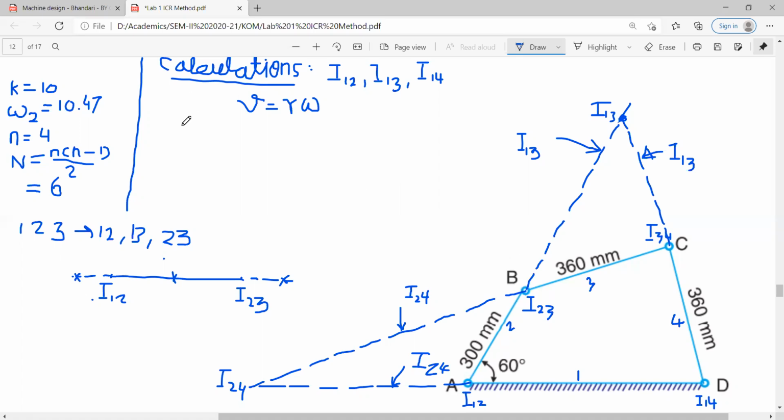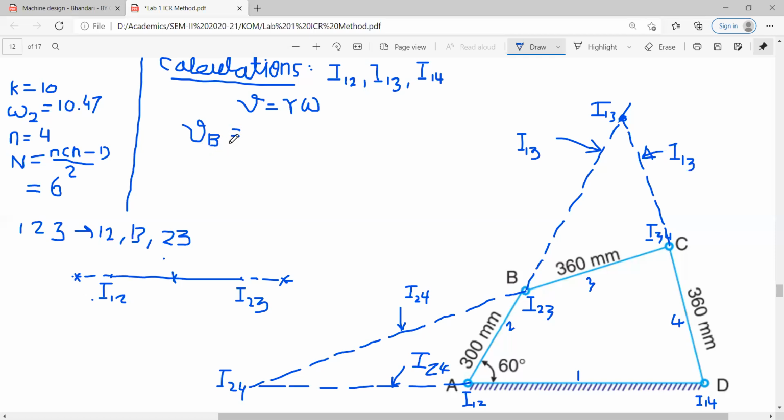Okay, so how will you write the equation? Velocity of point B is equal to, what is the radius for point B?